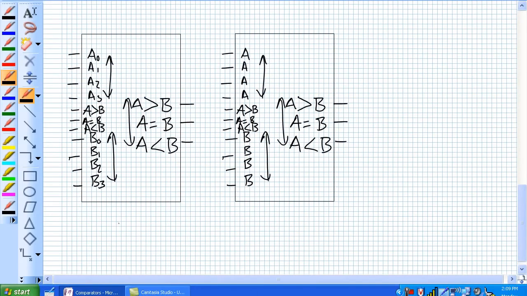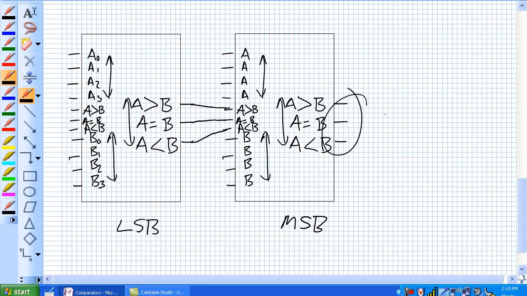You put them right next door to each other, and if this is the LSB and that's the MSB, you feed the LSB's outputs to the MSB's inputs. Like we said before, higher order bits get precedence for equality or, for that matter, inequality.